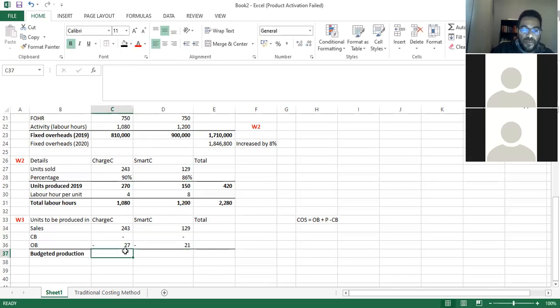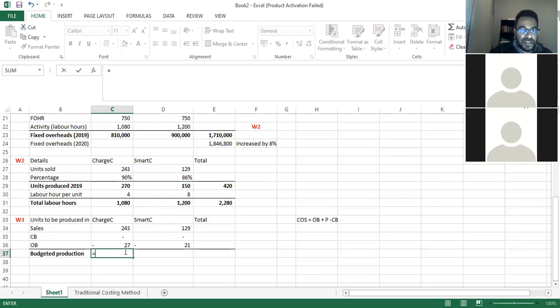Okay, so therefore, remember they're saying our budgeted sales is equal to our actual sales of 2019. But what we produced in 2020 must result in all our budgeted sales being sold without having any closing inventory. Now we know we have opening inventory, so therefore our production will not equal sales because we have opening inventory and we don't want any closing inventory left over.